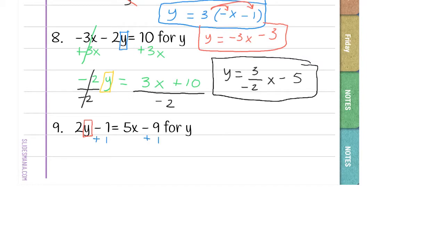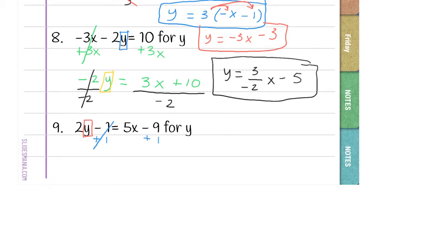Plus 1. Notice right here, I'm adding the 1 to the negative 9, this negative 9 right here, and not to the 5x because, like I've been saying, you can't combine variables with numbers. Numbers go with numbers, variables go with variables, but I cannot combine 5x and plus 1, okay?